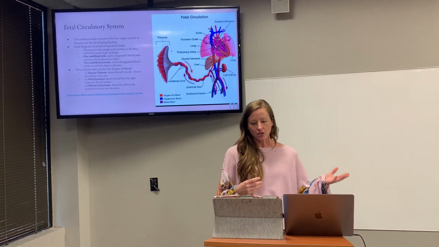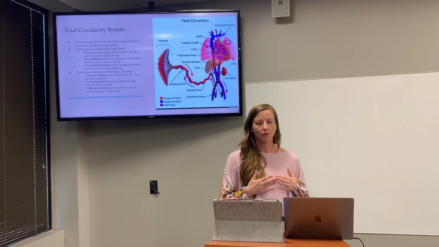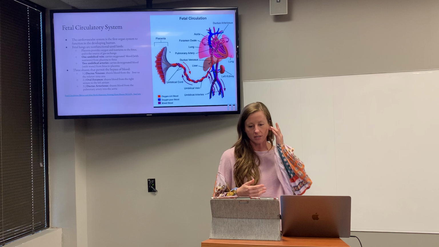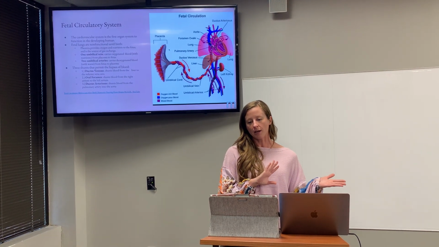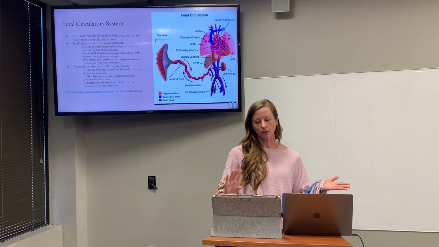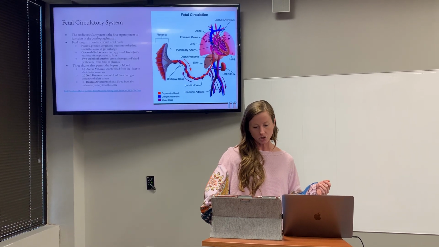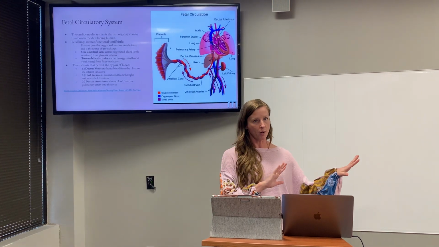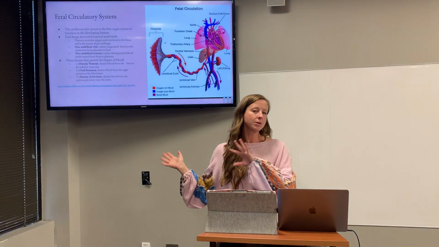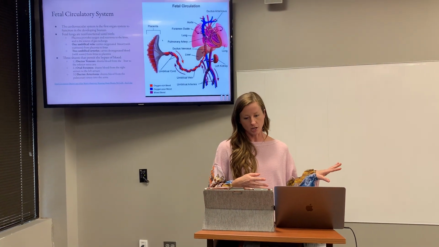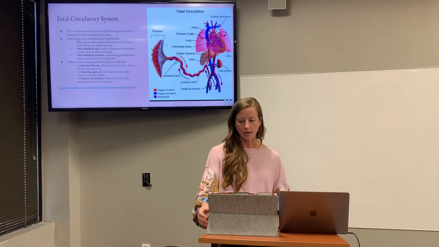Well, it comes from the placenta. The placenta provides oxygen and nutrients to the fetus, and it's also the source of gas exchange. The umbilical cord has one umbilical vein, which carries oxygenated blood from the mom to the fetus, and two umbilical arteries that carry away the deoxygenated blood with the waste from the fetus back to the placenta.